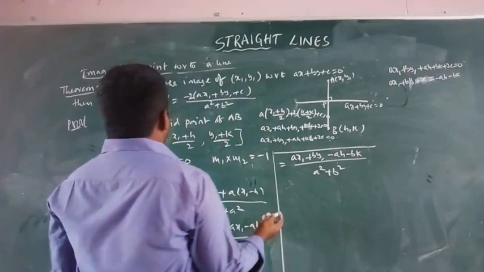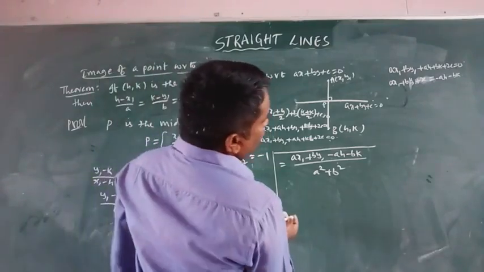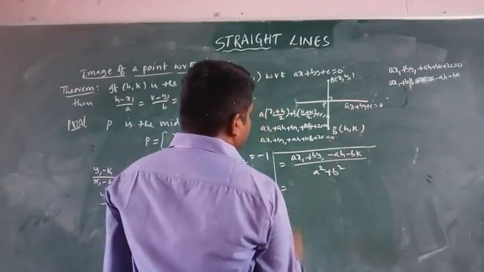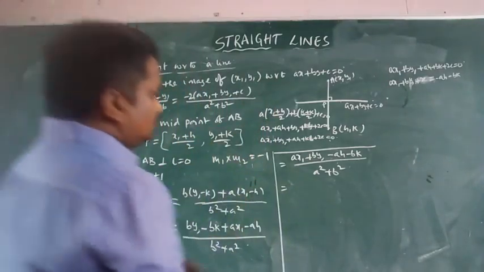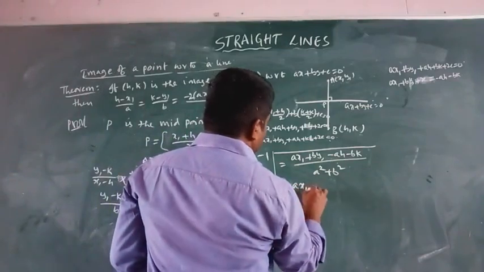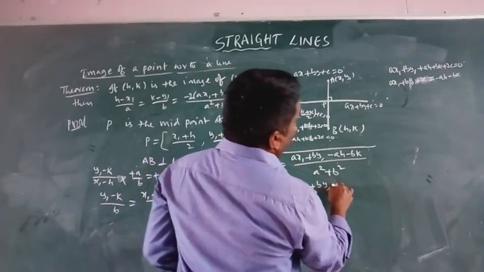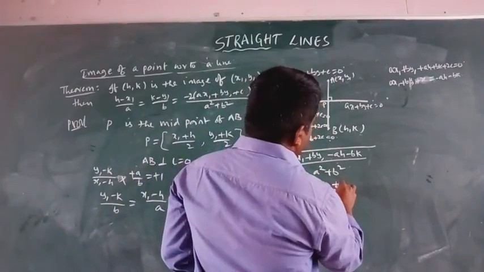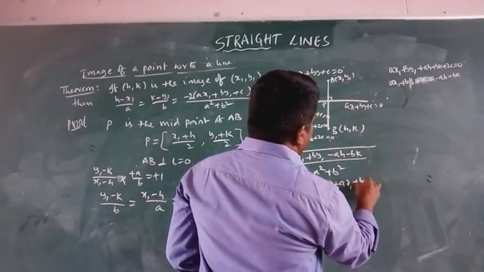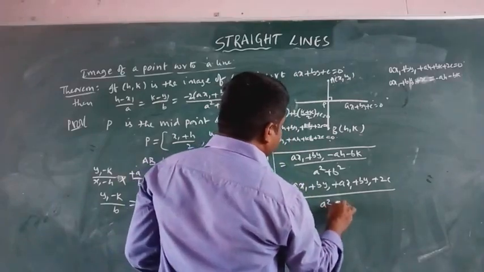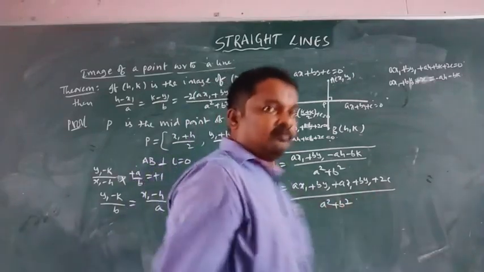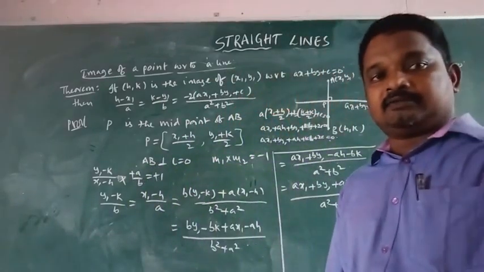So that is (ax1 plus by1 plus ax1 plus by1 plus 2c)/(a square plus b square).